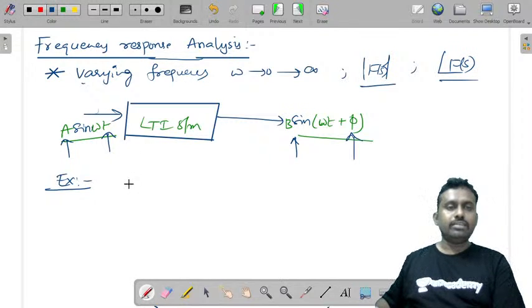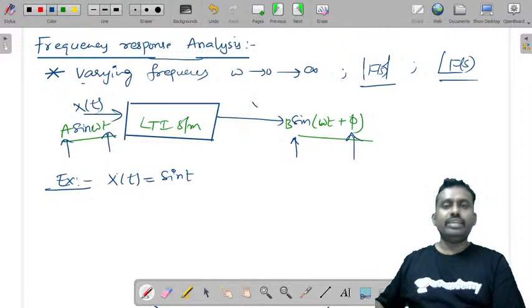So let us say there is a system which has some x of t as the input, and let us take that x of t is equal to sine t, and y of t is the output of the system. So what is y of t that you need to find?